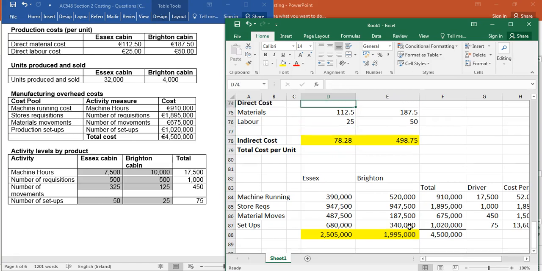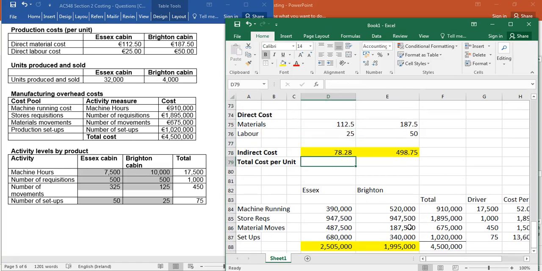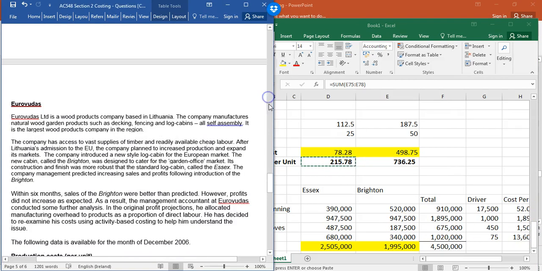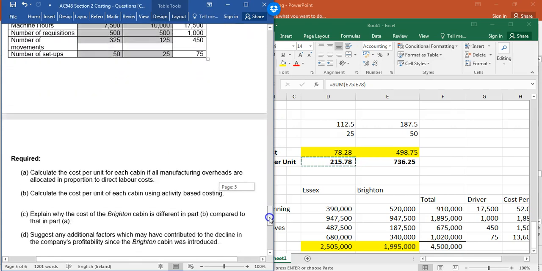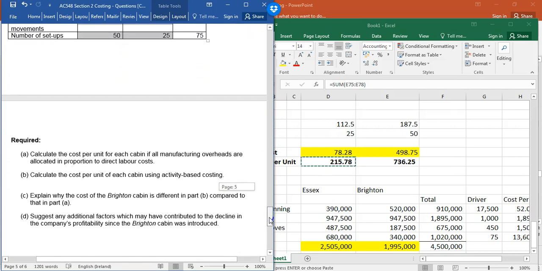So drastically different in terms of the size, the allocation of overheads, and then we tot them up to 15 and 736. So the key thing about ABC is you start on a total basis, allocate the total overhead, and then work back to per unit. You can't just cut straight to per unit. It doesn't work in terms of how you have to go about the approach. So that answers part B, where we have calculate the cost per unit for ABC.